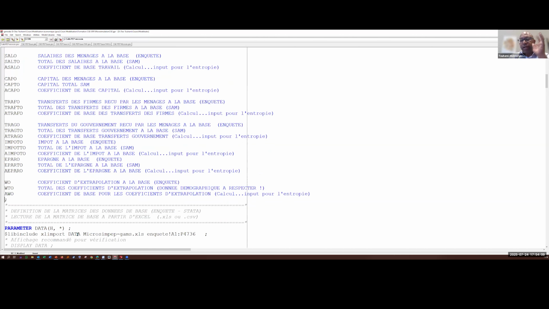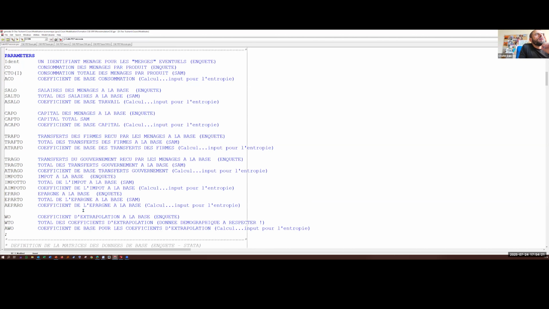Now, is there any question at this first block? I just want to ask a question. Yes. On the coefficients that we use in the beginning, from the entropy, so the ACO, the ASALO, the ACAPO, and so on, would you please explain once again how we obtain them, this consistency between the entropy and what we introduce in GAMS?